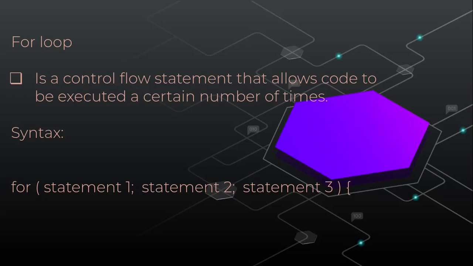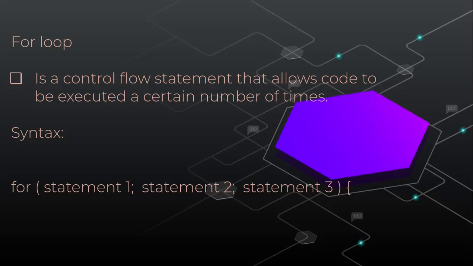That's statement one. This variable is only accessible within this for loop. Outside this for loop, you won't be able to access it, and I will show you when we get to the coding side.